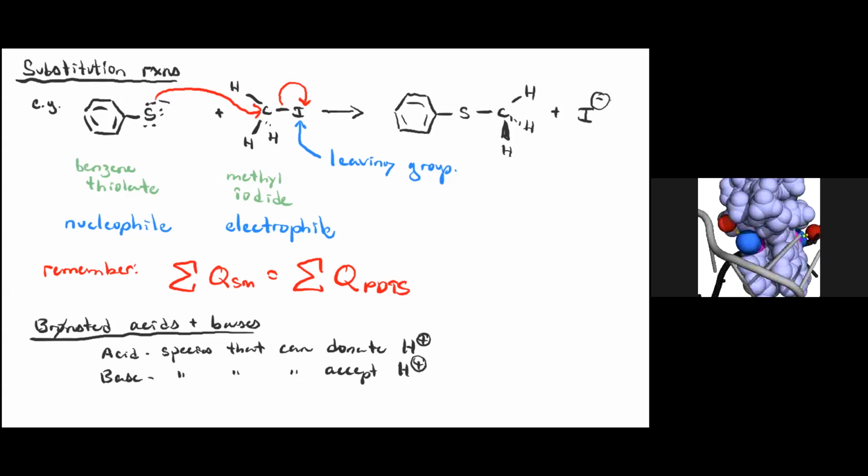An example of this would be acetic acid and ammonia. The species all the way on the left is acetic acid.